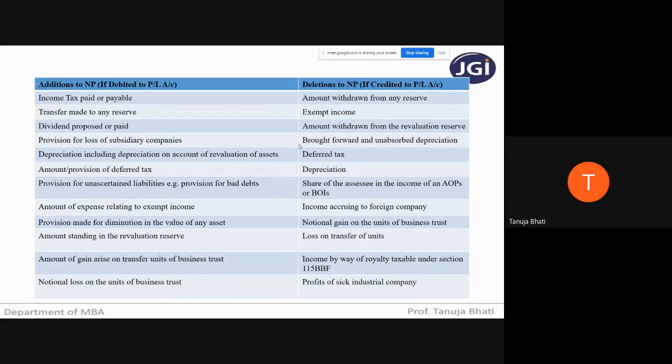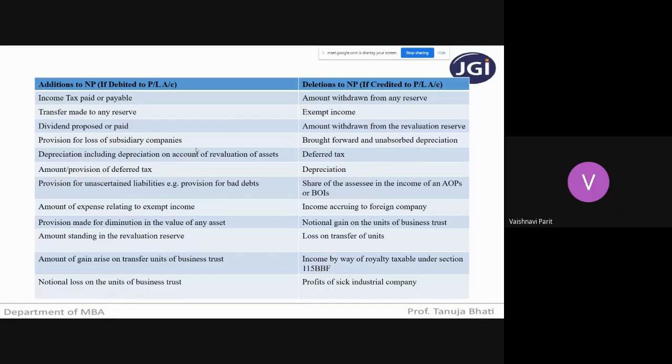Then you will get the total minimum tax to be paid as per MAT provisions, that is as per section 115JB. Is this clear, students? We will understand this particular slide properly when we start solving the problems. So is this clear, students?